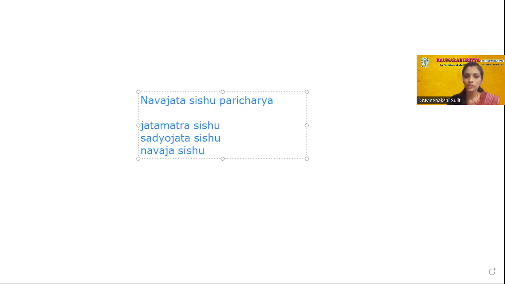So this Navajata Shishu Paricharya is again divided or explained in the form of 3 categories, that is Jatamatra Shishu, Sadyojata Shishu and Navajata Shishu.